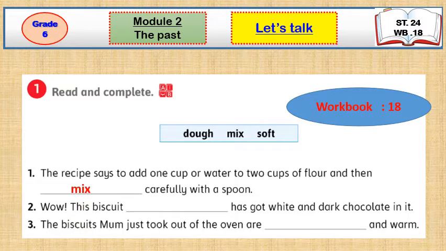Mix. Mix carefully with a spoon. Number 2, wow, this biscuit dough has got white and dark chocolate in it. The last one, number 3, the biscuits mom just took out of the oven are soft and warm.